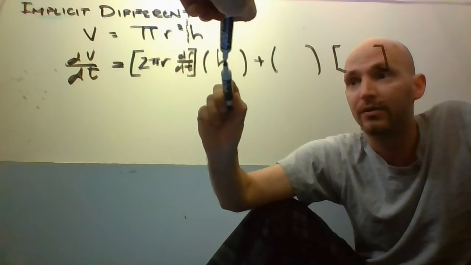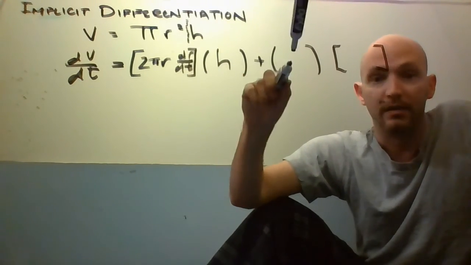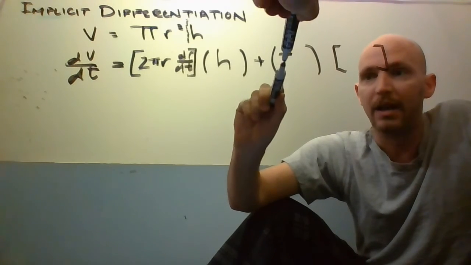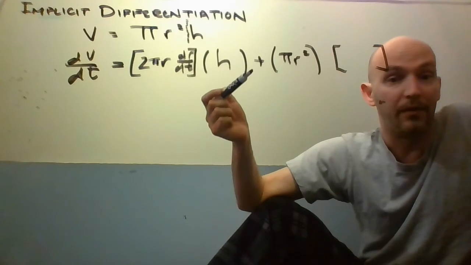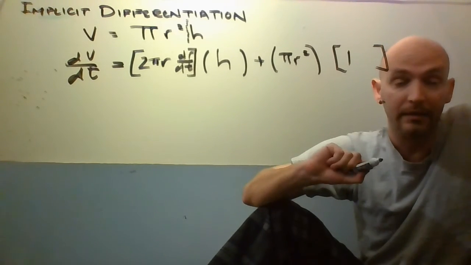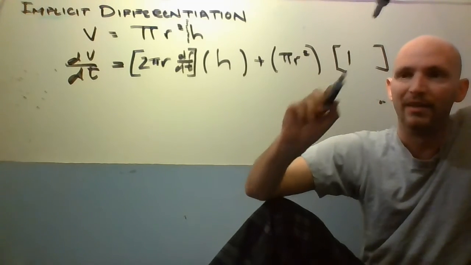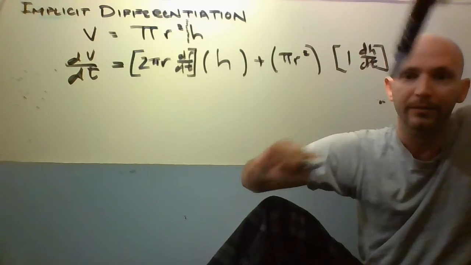And then h gets left alone. Second block here, I leave the pi r squared alone. And then I have to take the derivative of h. Well, the derivative of h would just be 1, but h is not t. So I need the correction factor in there again. So let me write it in for you.